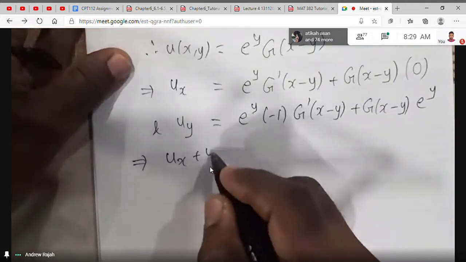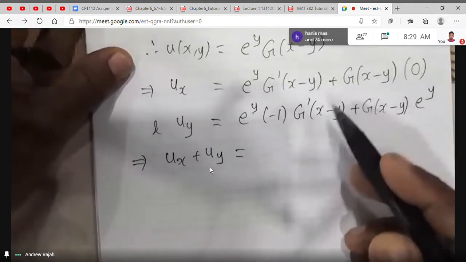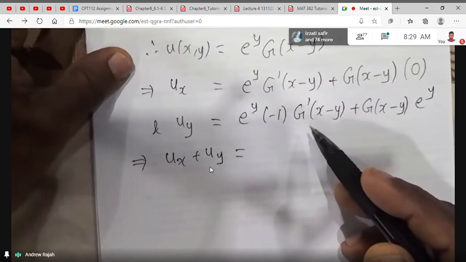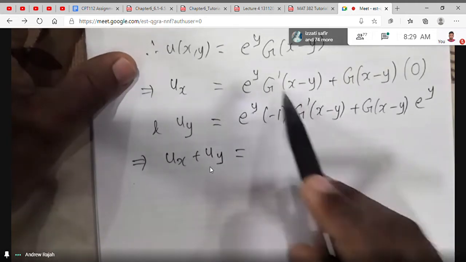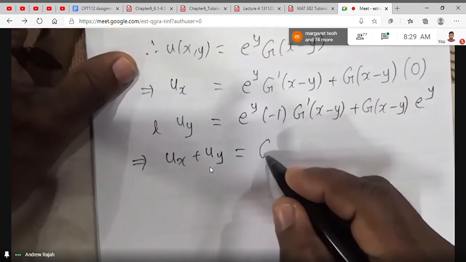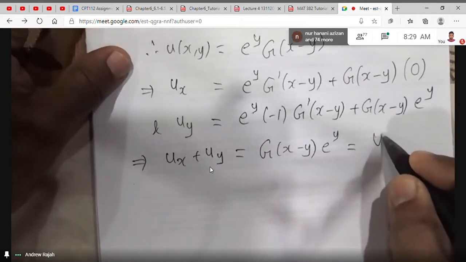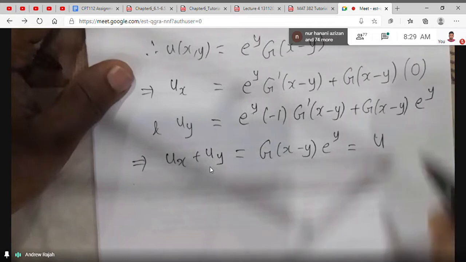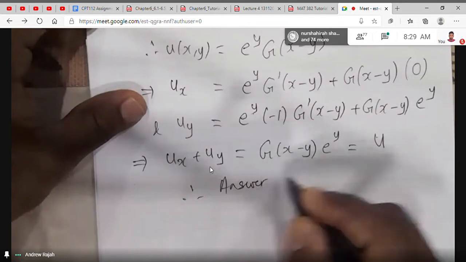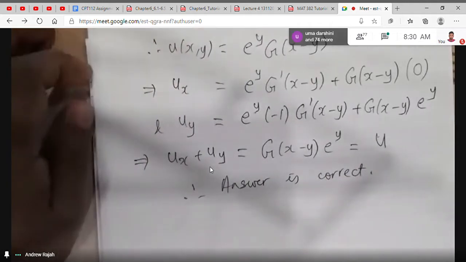When you add up u_x plus u_y, these two cancel off, this one is 0. So you get g of x minus y times e^y equals u. Therefore the answer is correct.